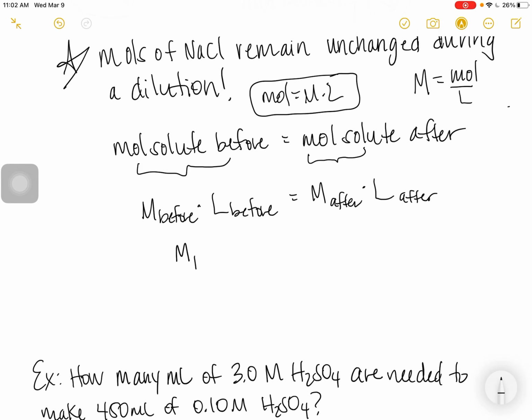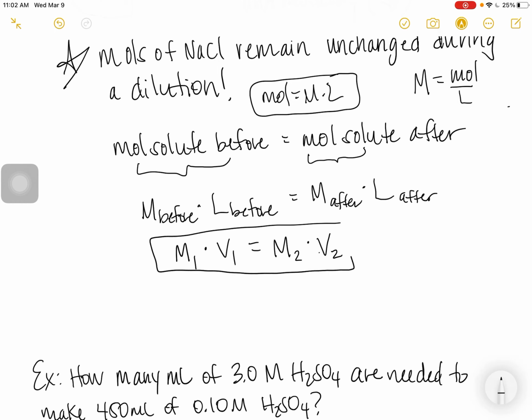So our formula becomes M1 times V1 equals M2 times V2, and this is the dilution formula. It probably doesn't mean much to us right now, but we're going to see how to use that in an example problem in just a minute, and then we'll talk about how that number we solve for can be what you would do with that, like in the laboratory setting.